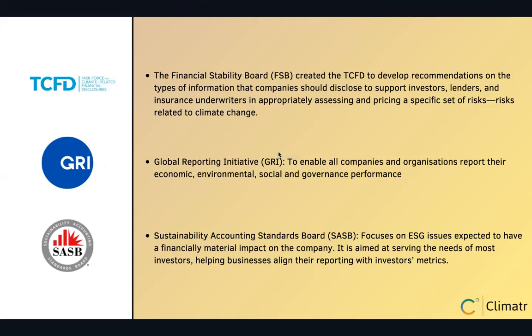Like I said, the TCFD for now mostly focuses on financial sectors, but GRI covers almost all industries and is the most widely used one. And then we have the SASB. SASB is the Sustainability Accounting Standards Board, and it focuses on ESG issues expected to have financial material impacts.